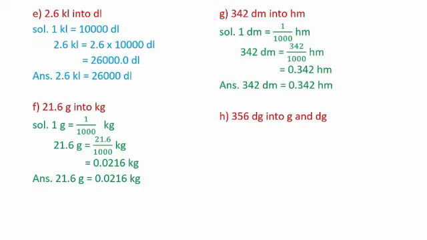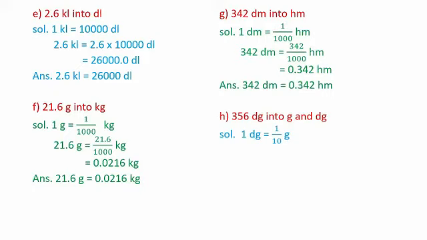Next question. 356 decigram into gram and decigram. Okay, so we need to convert 356 decigram into gram and decigram. Converting decigram into gram, we need to divide it by 10.